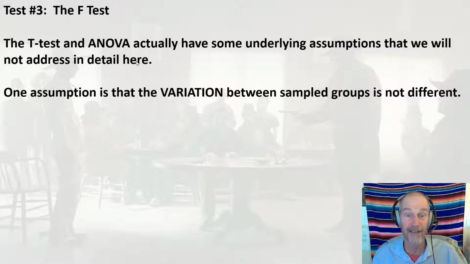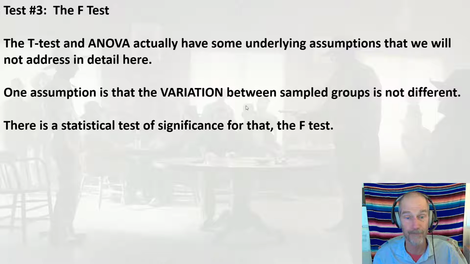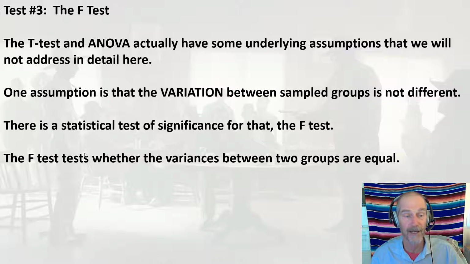The F-test is a test of difference of variation between sampled groups. Okay, there's a statistical test of significance to whether variation is different or not, and that's the F-test. The F-test tests whether the variances between the two groups are equal or not.